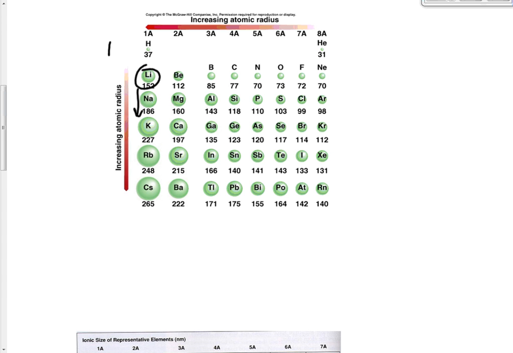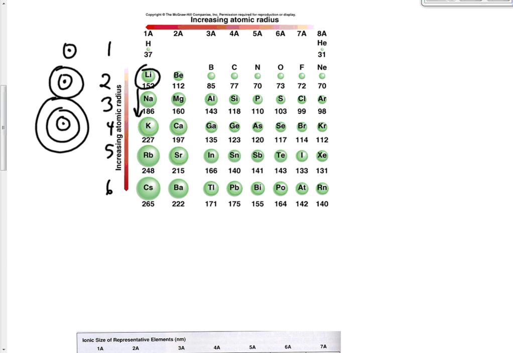So this one has 1 energy level, 2, 3, 4, 5, and 6. As you're gaining energy levels, we draw quick Bohr models. You can see that as you go down, you gain energy levels, you gain overall radius. They get bigger.